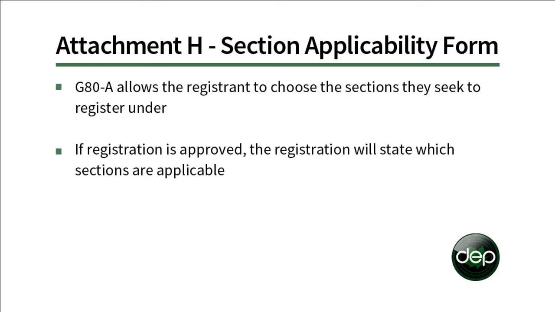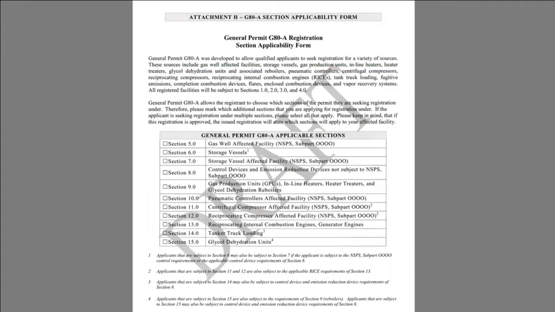So if you turn to page 10 of your registration application, you will see what we're calling attachment 8, which is a section applicability form, which allows you the ability to determine which sections that you would like to apply for.